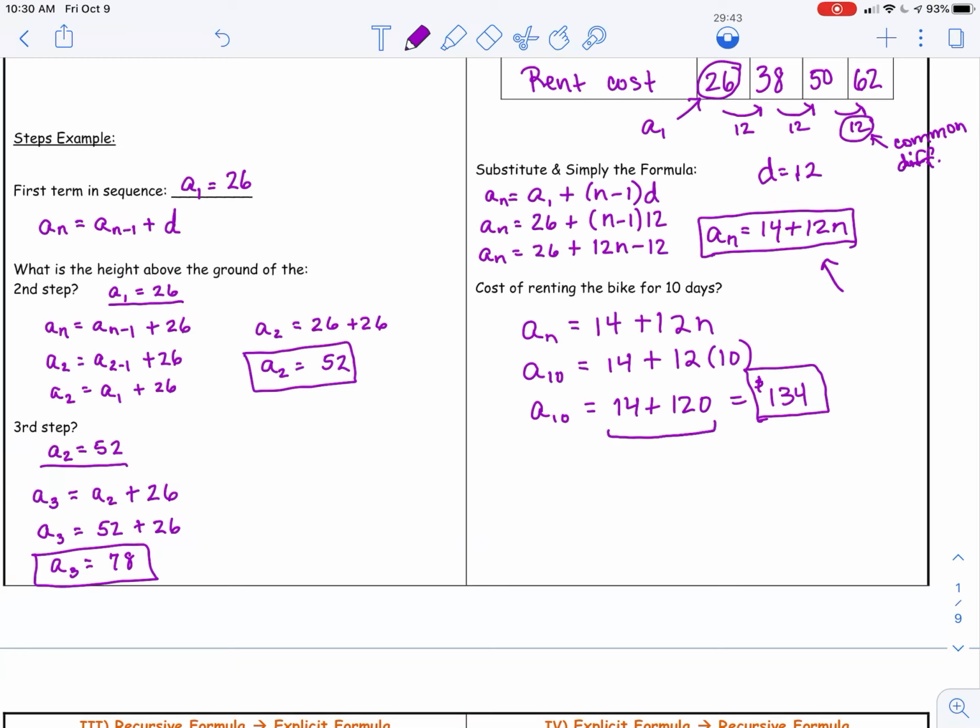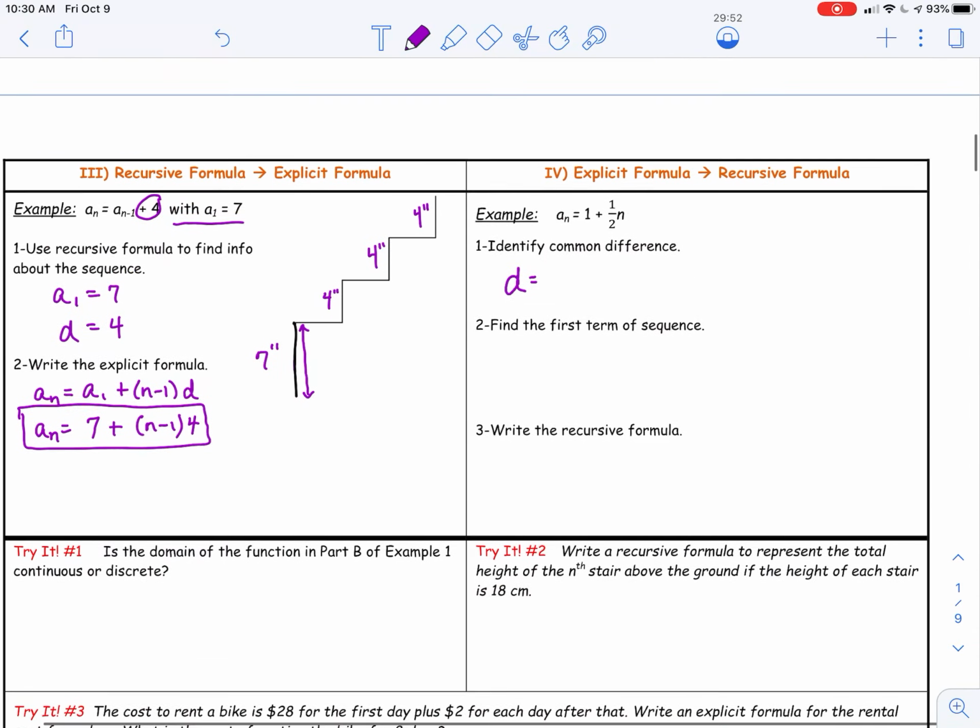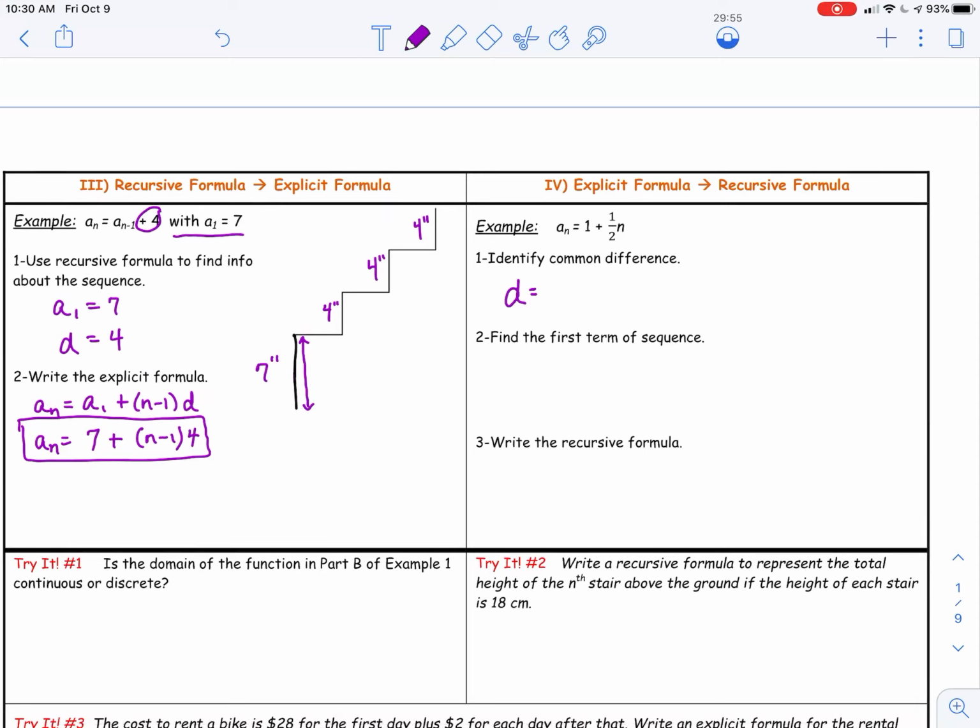See how it is 14 plus 12n? We started with a larger formula right here, and we ended up with that smaller formula. That's what is happening down here. It's given to you in its final form down here as the nth term equals 1 plus 1/2 times n. So let's identify what the difference is.